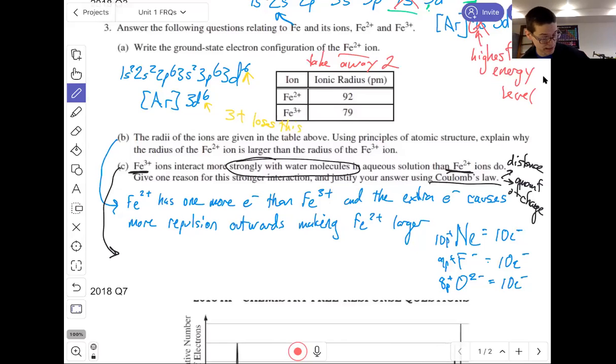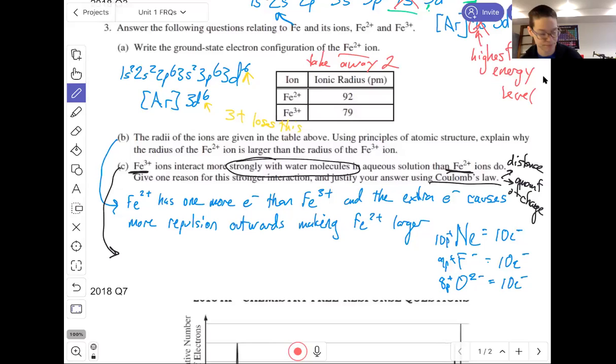Since the radius is smaller, that allows the nucleus to pull harder on the water molecule. Yes, that is the answer based on distance. Fe3+ is a smaller ion than Fe2+, so it has a greater attraction for the water.